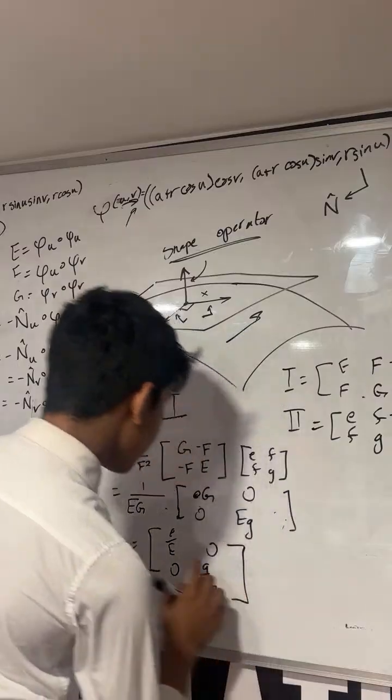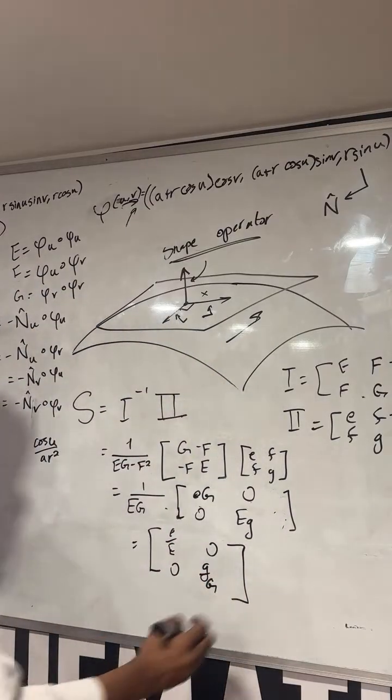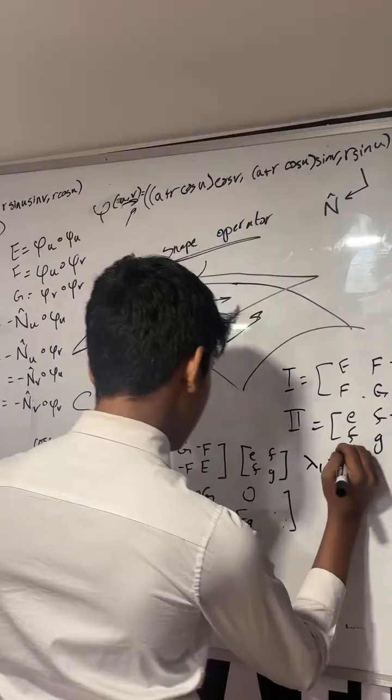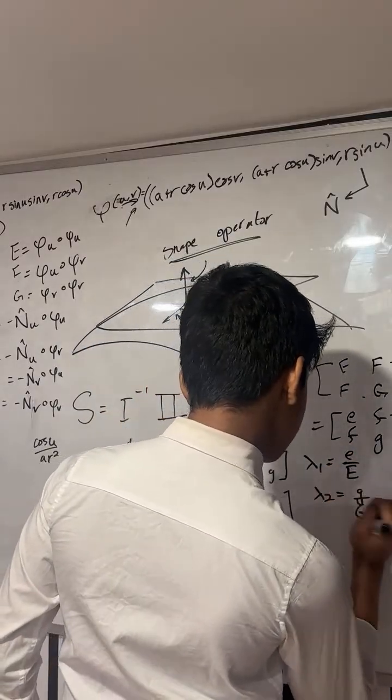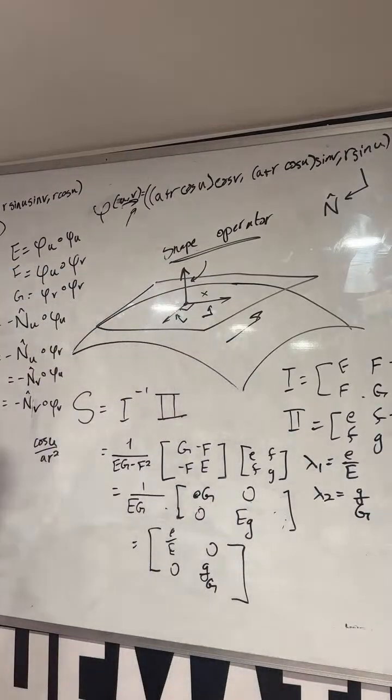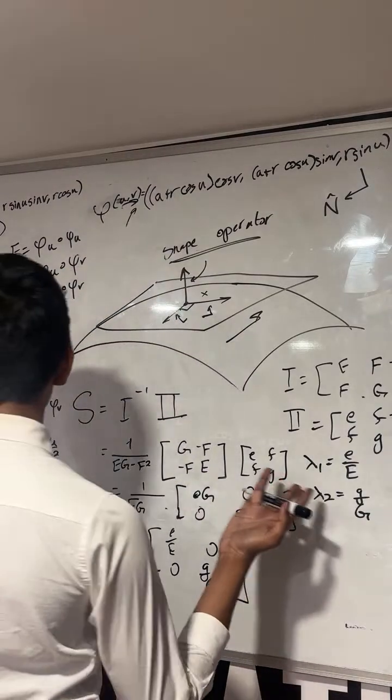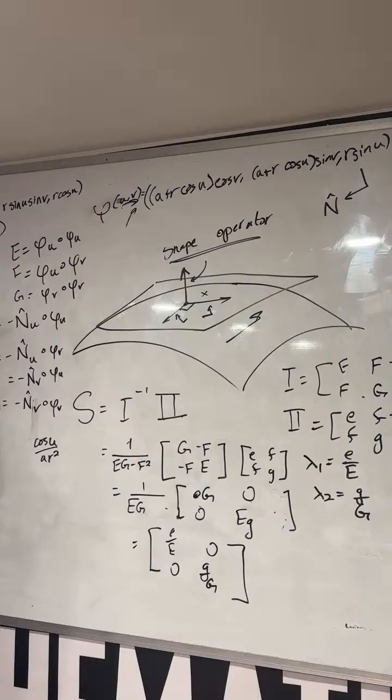So the eigenvalues of this are very clearly either e over e or g over g. Well, it turns out e over e is 1 over r, and g over g is cosine u over a, which means that the answer should be just the product of the two principal curvatures, cosine u over a r. So that's it.